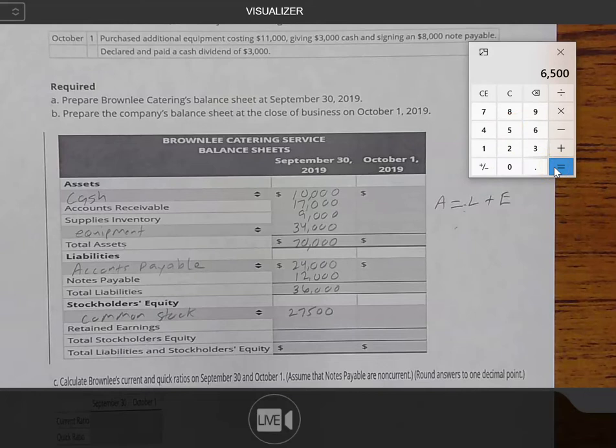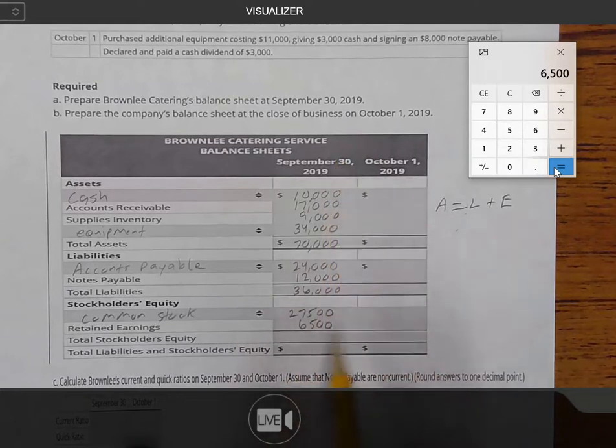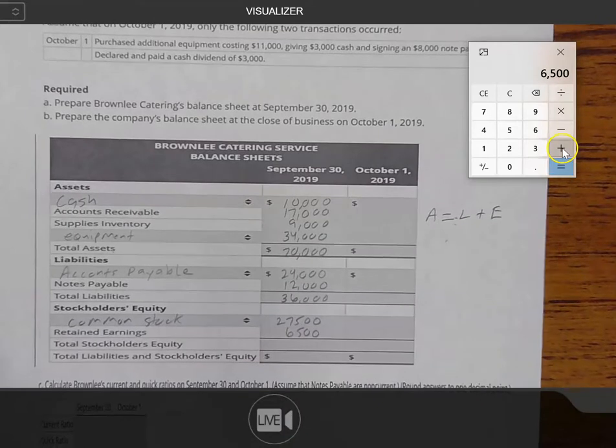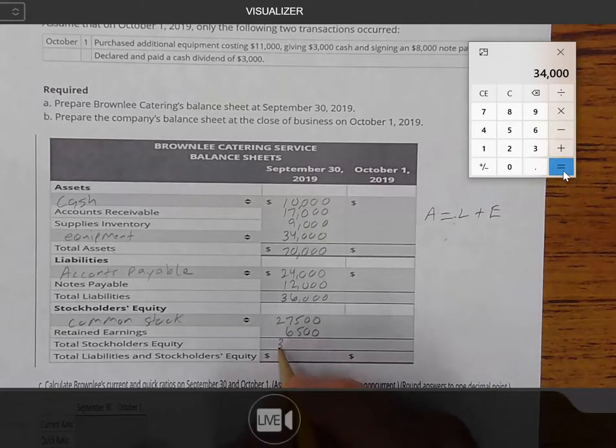And so that would be my retained earnings as of September the 30th. So I've got the 6,500 already on the calculator. I'm going to add that 27.5 in common stock to that to come up with $34,000.